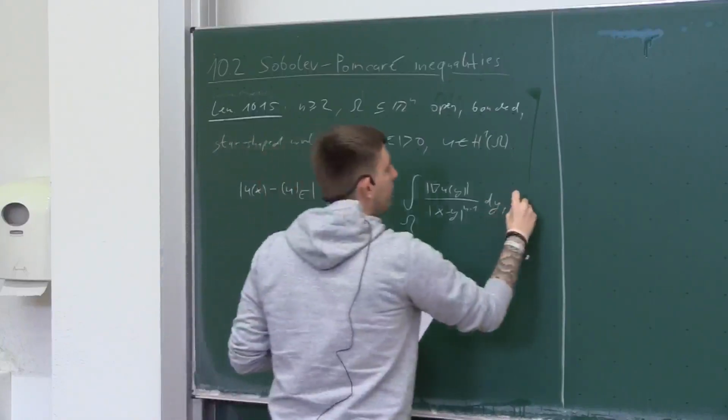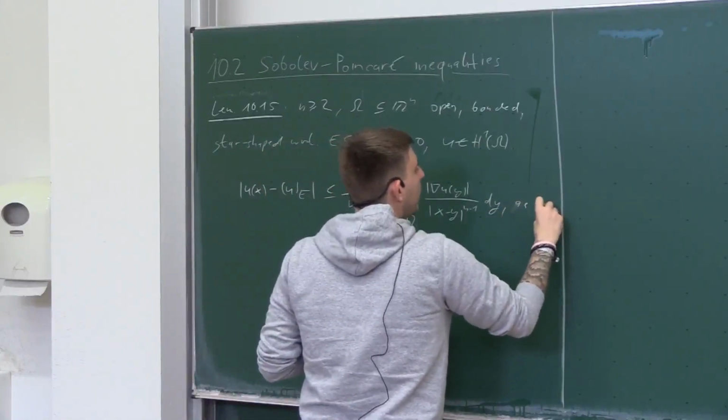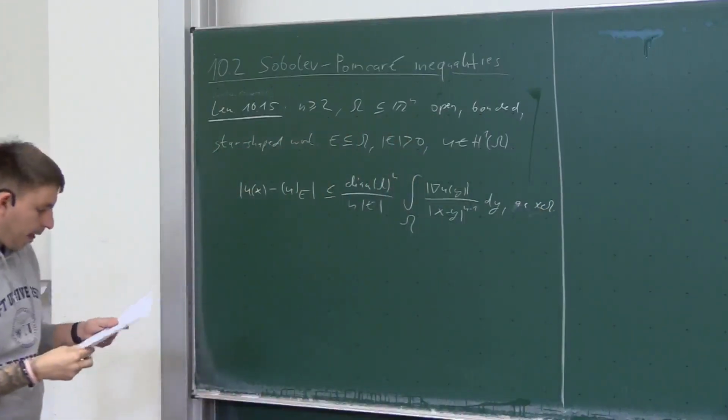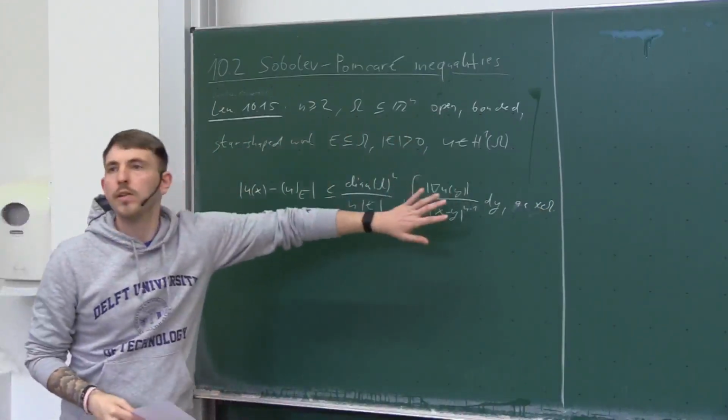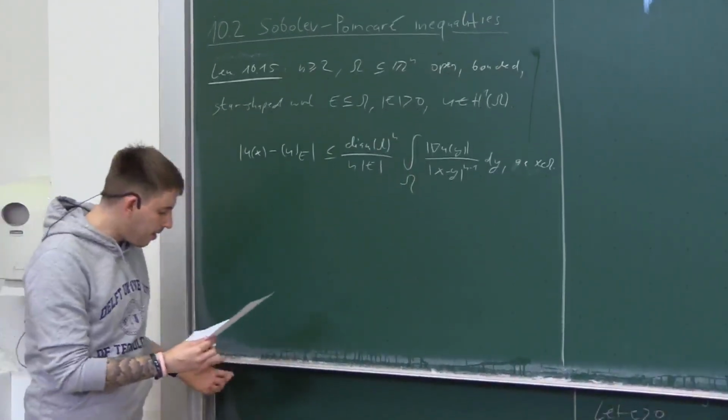This is for almost every x in omega. And so here you can already see that there's somehow a relation with the Riesz potential that we discussed last time.